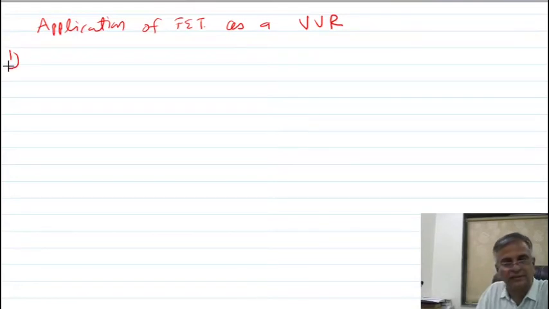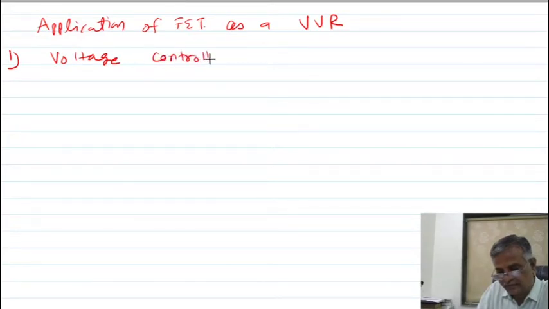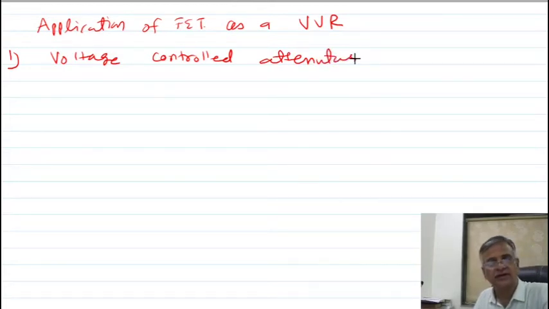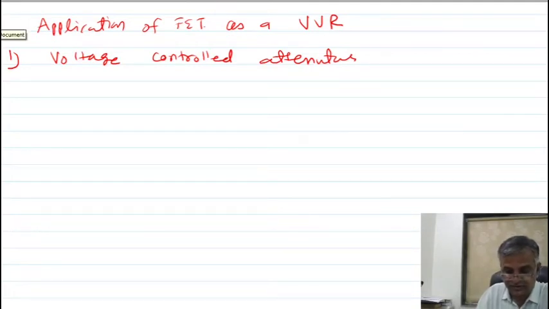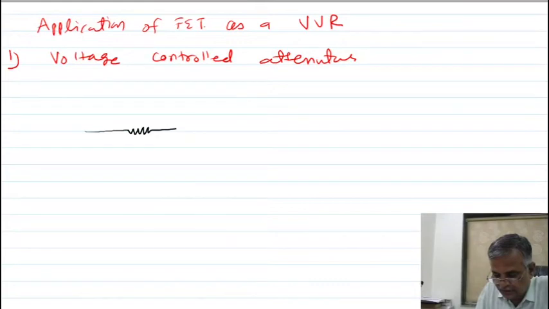In that, the first application is the voltage control attenuator. Voltage control attenuator. Sir, what does it mean? Let us see the circuit diagram. I am drawing the circuit of the voltage control attenuator.